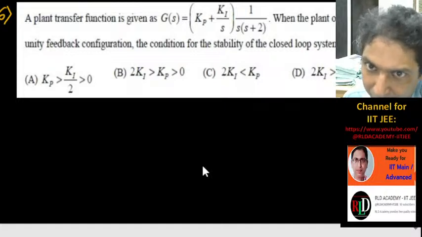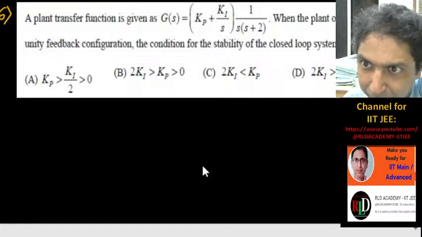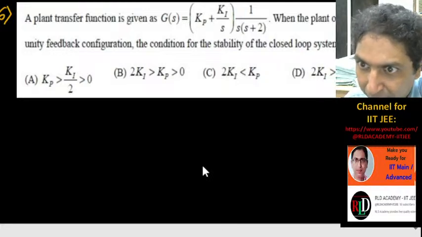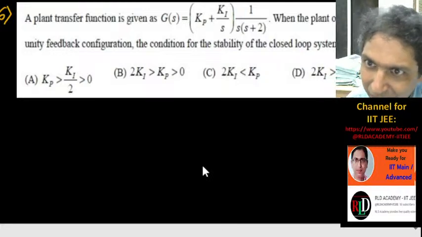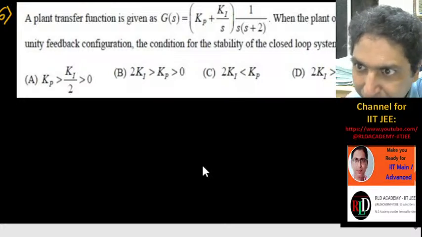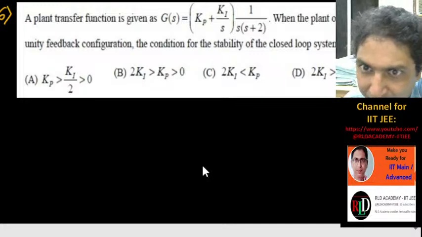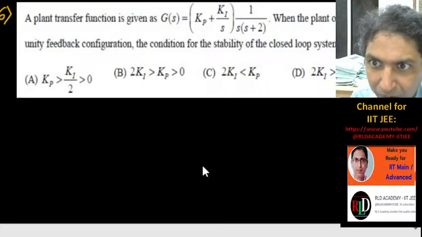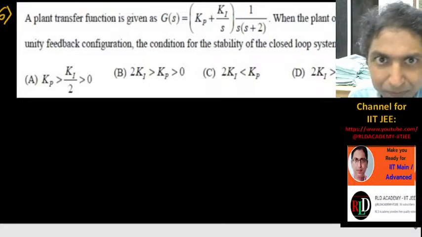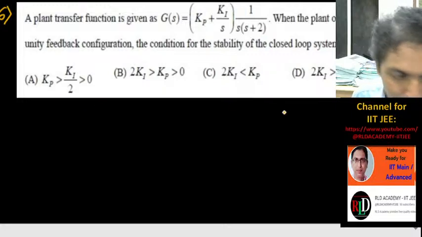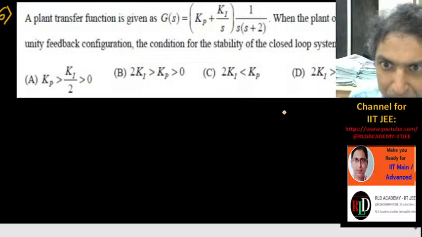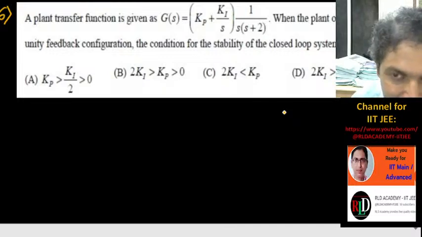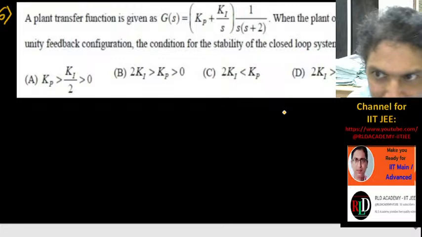Again the total product is given, Kp plus Ki upon S times 1 upon S into S plus 2, means PI controller as well as the system, the product is already given. Now unit gain feedback is provided. Now you need to find out the condition for stability. So which one is true? Can you do this thing? Can you try quickly?